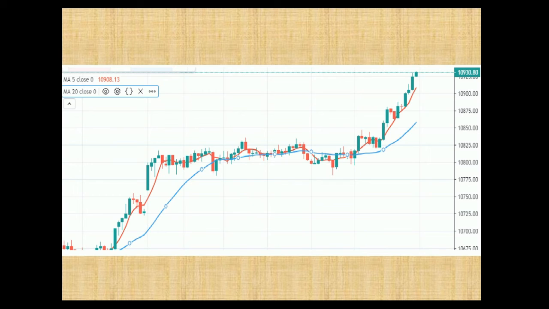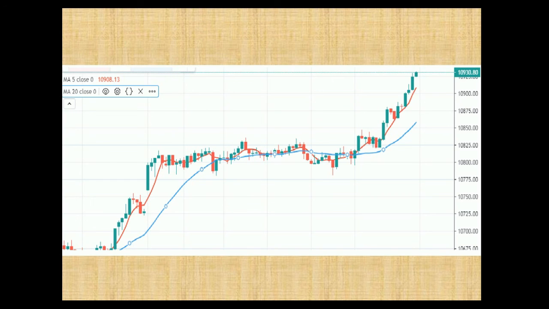That is why I selected these particular moving averages. Basically there are so many time periods, even up to 200. Sometimes a short term trader may use 50 and 200 time periods. So it depends upon the trader and their belief.